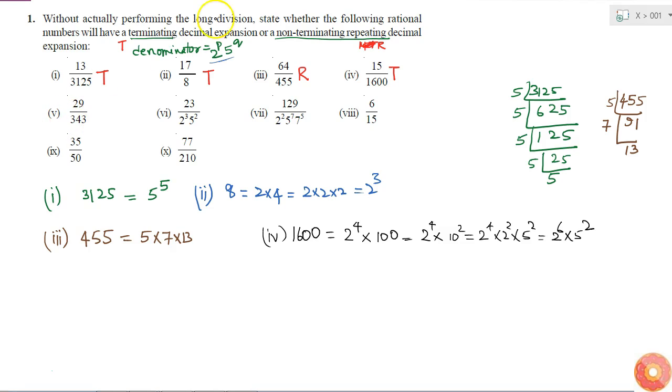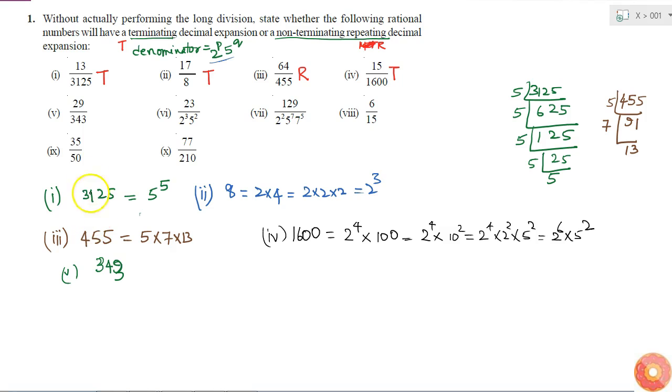And the fifth one is 343. It is the denominator. So 343 is not divisible by 2 and it is not divisible by 5. So whatever be its prime factors, they are other than 2 and 5. Therefore, 343 cannot be written in the form 2 power p into 5 power q.